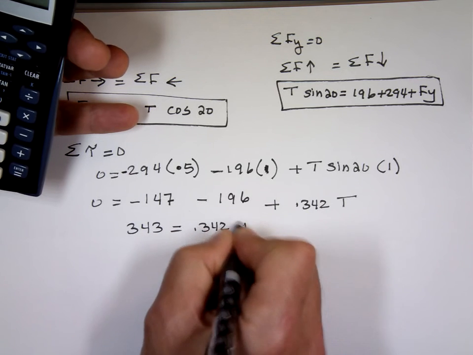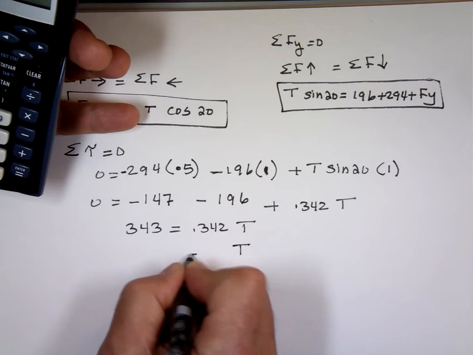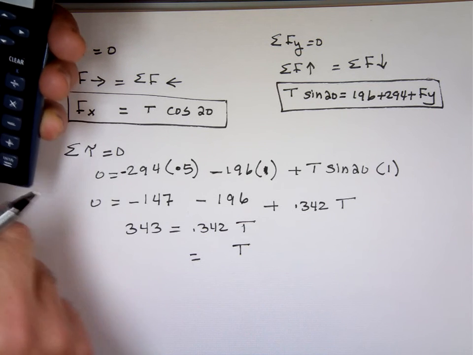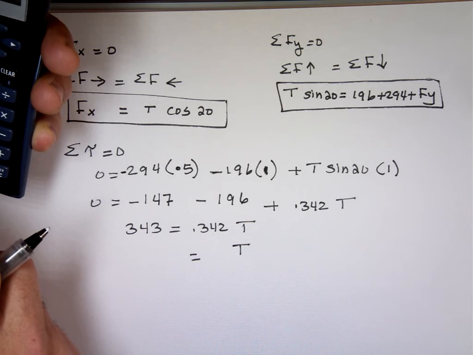Can we get what the tension is? 343 divided by 0.342. 1,003.